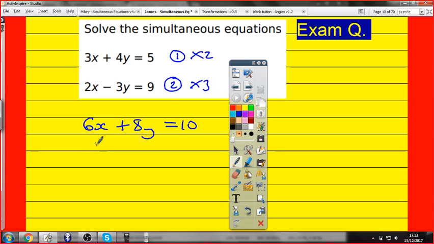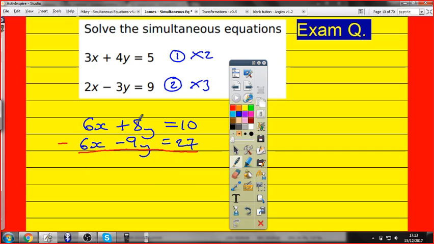Okay. So then you do 6x minus 9y equals 27. So you can tell by that the difference between 17y is 17. So y must equal 1. Hold on.